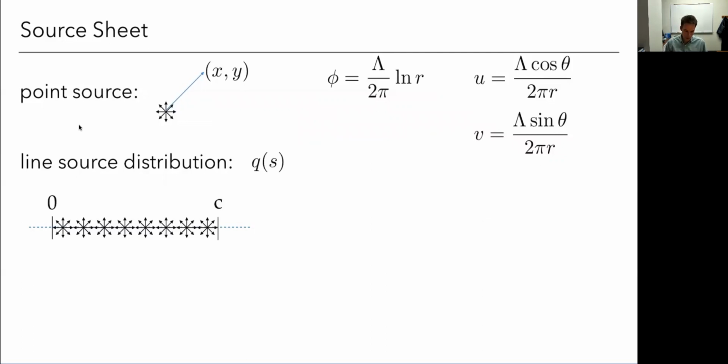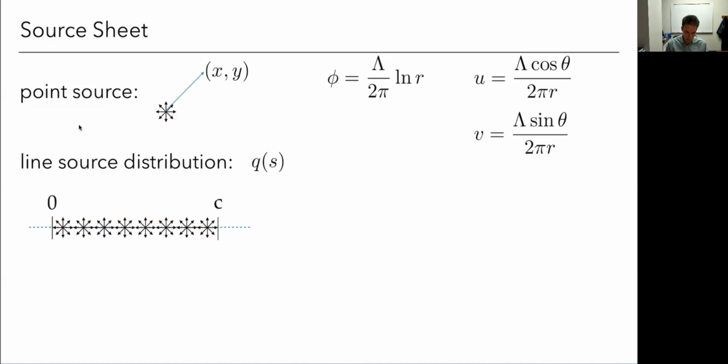So we're going to define a distribution of sources, and we will define Q as the strength per unit length. This is the same concept you would have seen in a statics class, for example, or structures class, where you defined a distributed load, which was a force per unit length. So we're moving from a point force to a distributed force, in this case, a point source to a distributed source distribution.